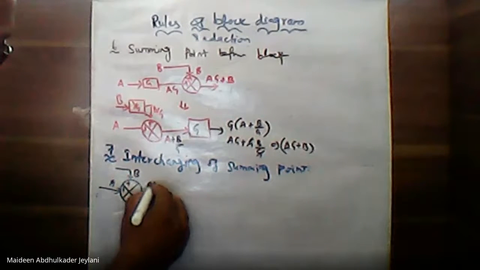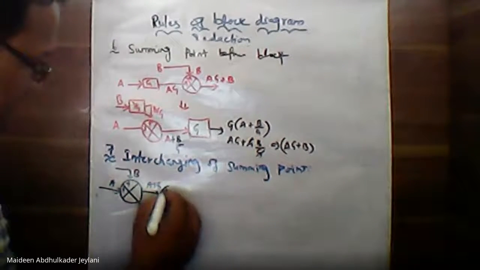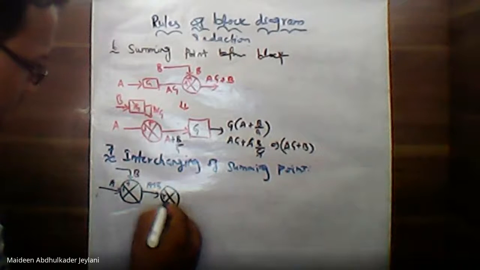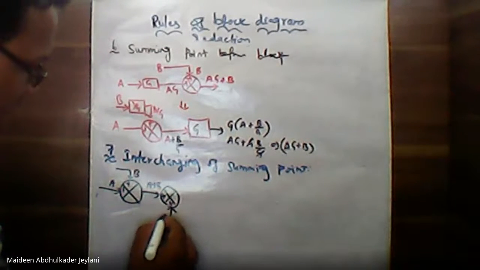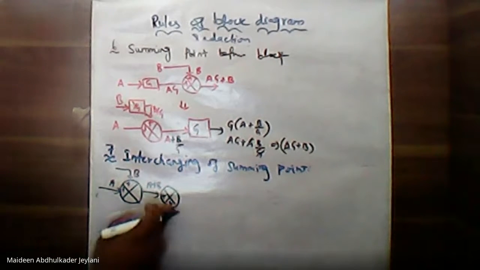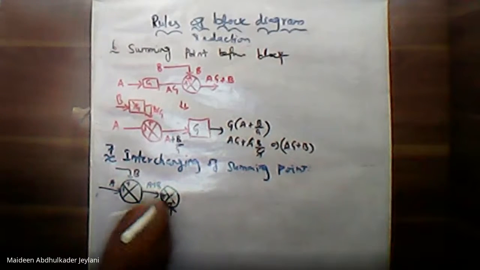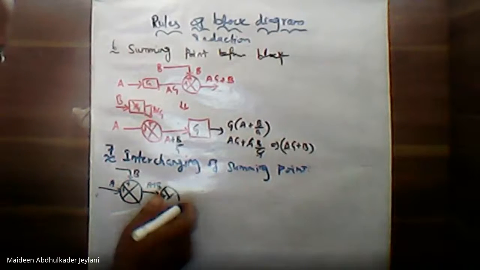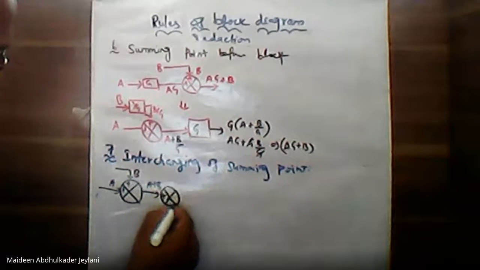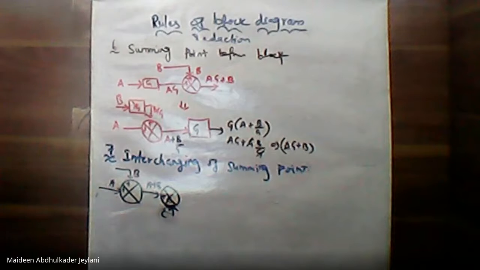The response is A plus B here, and we have another summing point, plus and plus. Here I have input C, or let's take this as our negative feedback system, minus C. So what will be the final response?